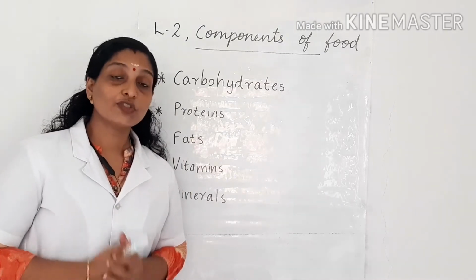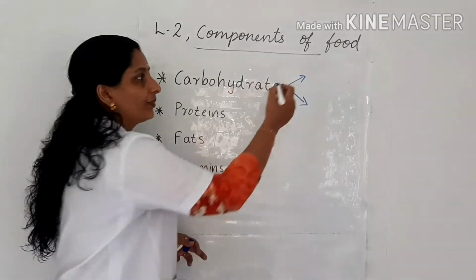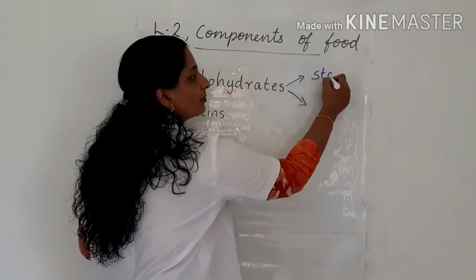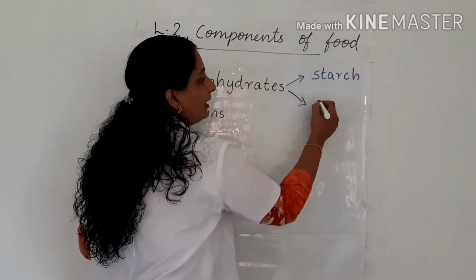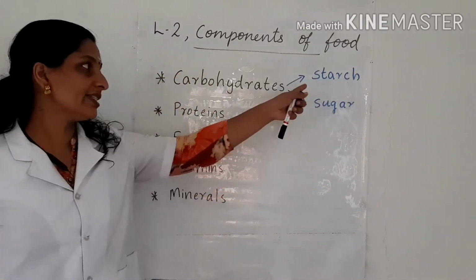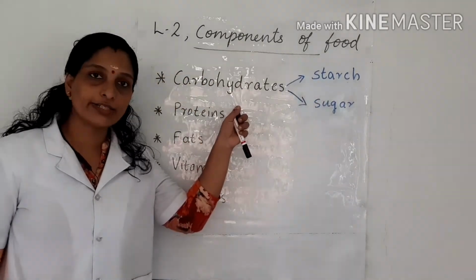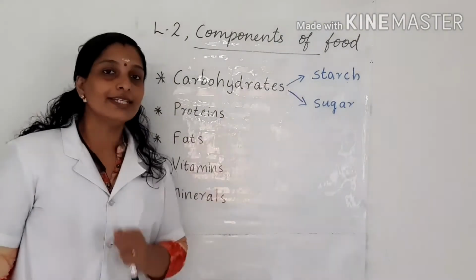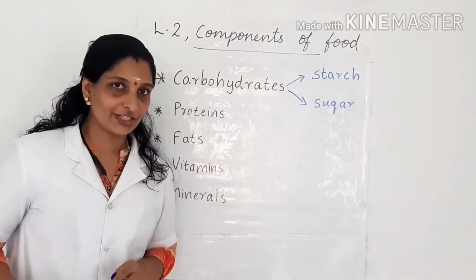They are starch and sugar. Starch is the complex form of carbohydrate and sugar is the simpler form of carbohydrate.